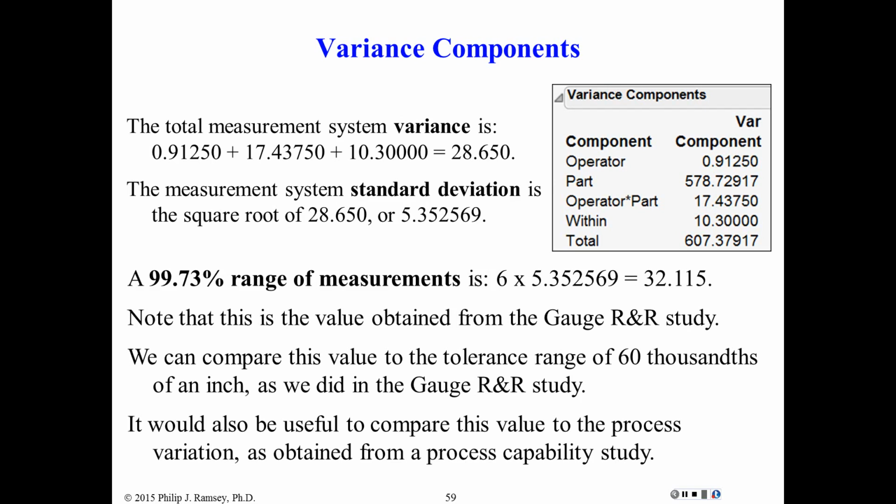This is an important point: you can add up the variances. They add up. Standard deviations do not. So we don't add up standard deviations. We add up the variances. They sum to 28.65. So that's the total measurement variance.